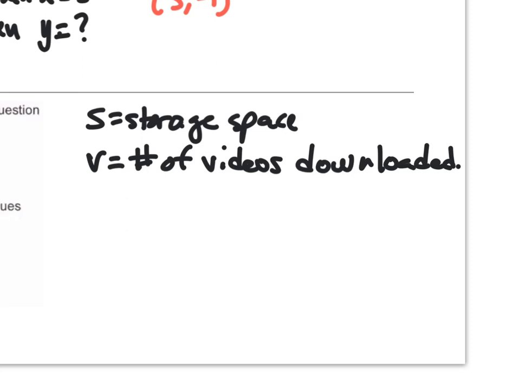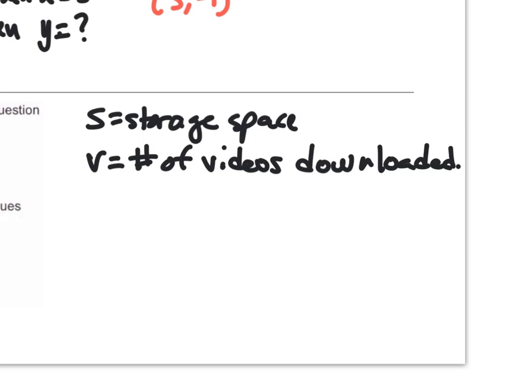So here's the thing. Which one depends on which? Does the number of videos you download depend on the storage space, or does the storage space on your computer depend on the number of videos you've downloaded? The storage depends on the amount of videos.